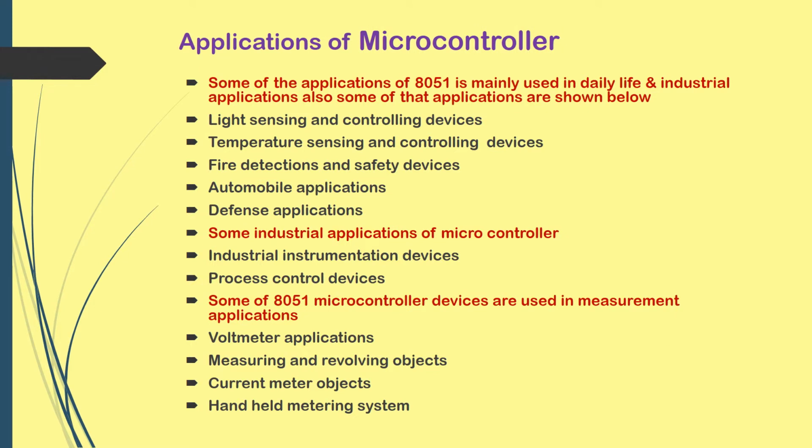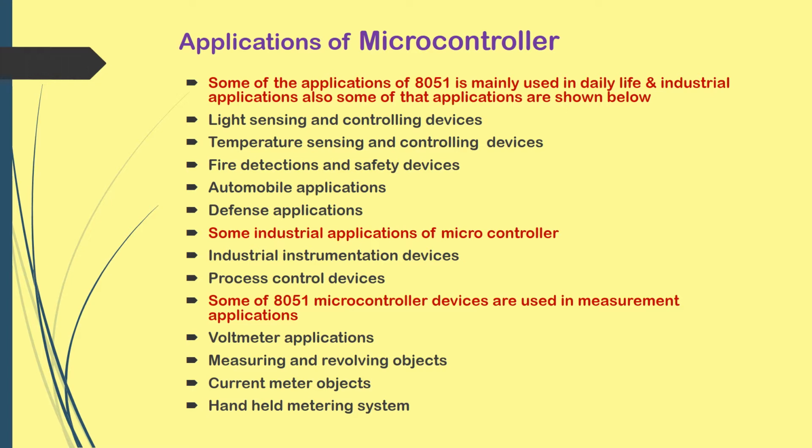In general, as far as applications are considered, some of the applications in daily life or industrial applications are just listed here. Light sensing and controlling devices, temperature sensing and controlling devices, fire detection and safety devices, automobile applications, defense applications, and so on. Some industrial applications include industrial instrumentation devices and process control devices.